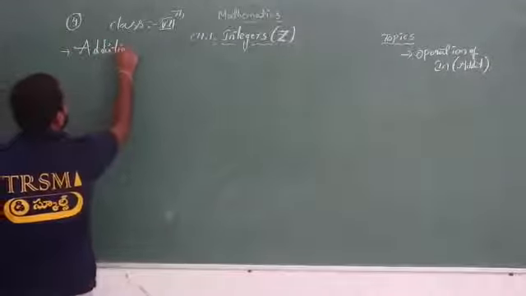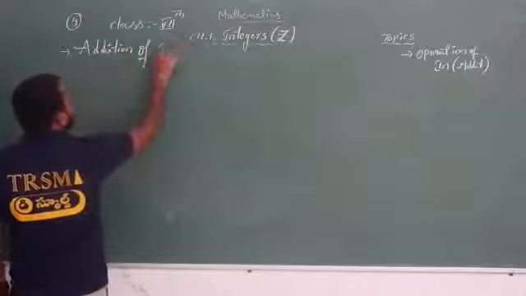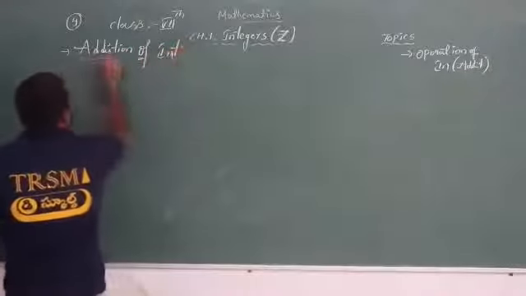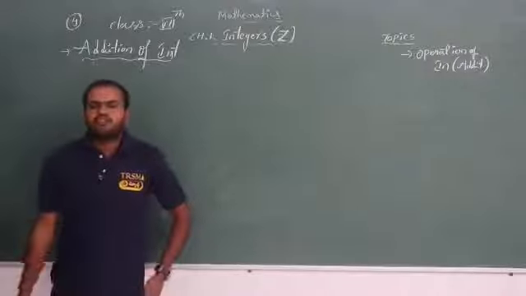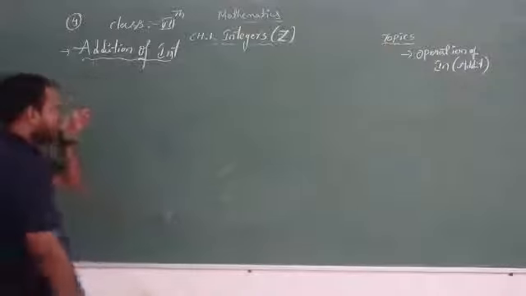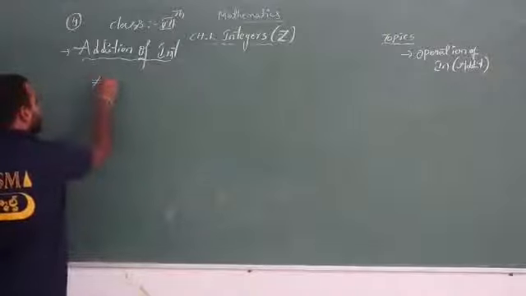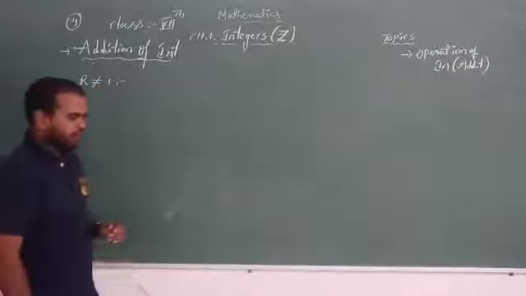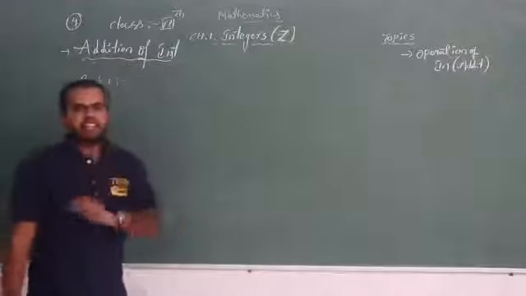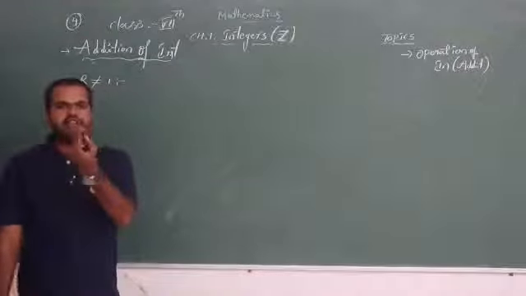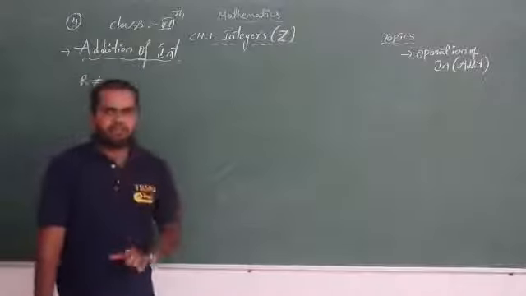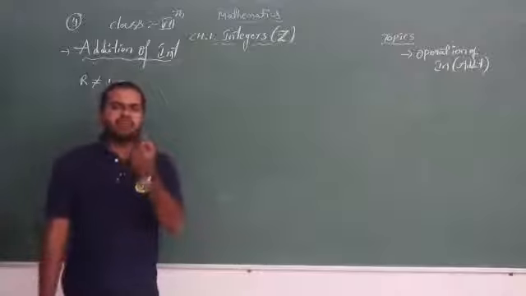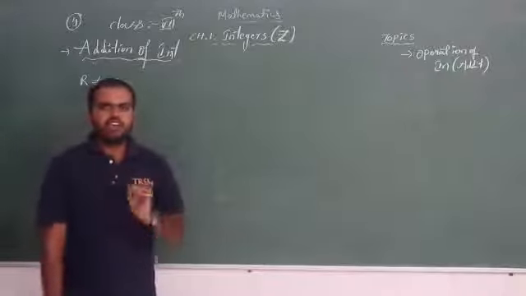So addition of integers is the first one. To add integers we have to follow rules. Rule number 1: if you are adding two numbers of the same sign, that is two positive numbers or two negative numbers, what do we have to do?